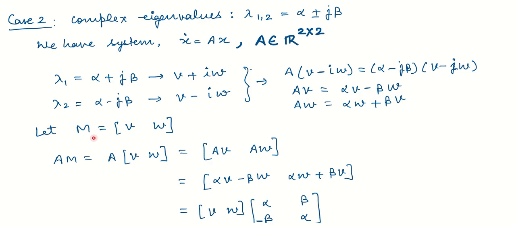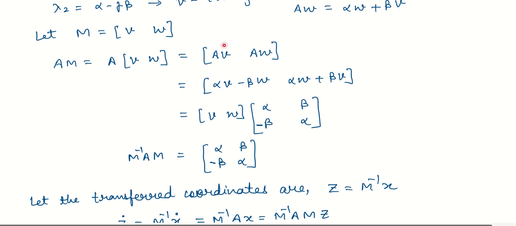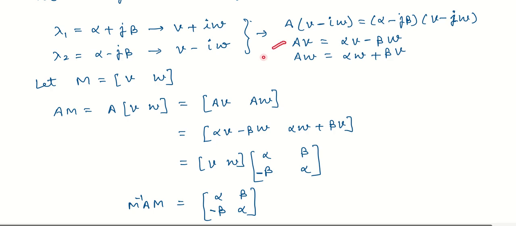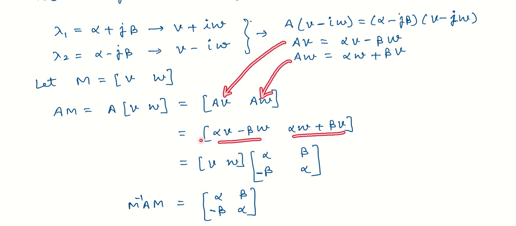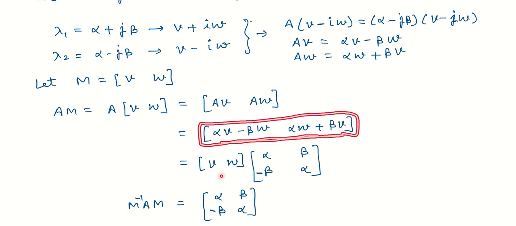Let's say M is a matrix with columns V and W. If you multiply both sides by A, you will get this matrix AV, AW, and you can put AV from here and AW from here. You will get this matrix. Now we can write this whole matrix as a multiplication of these two matrices.